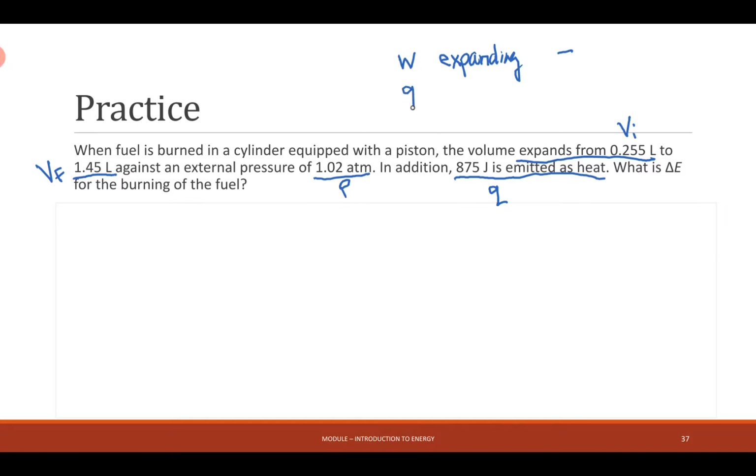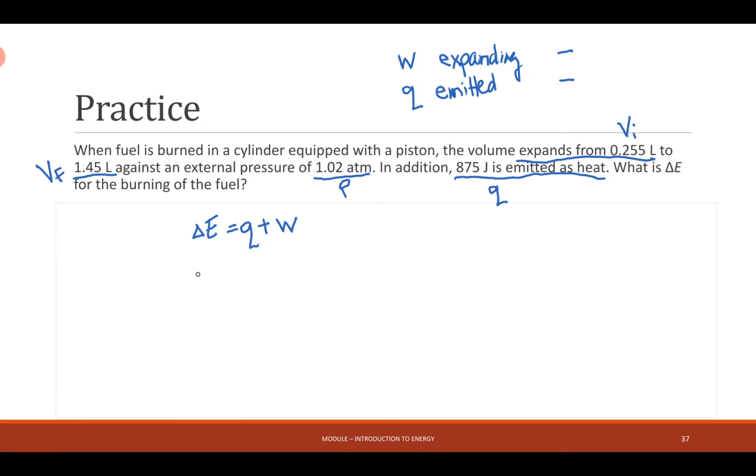Additionally, for our heat, it says emitted. That means that this is an exothermic reaction. Heat's being emitted, and so that should also be a negative sign. We can set up our delta E equation to be heat plus work.